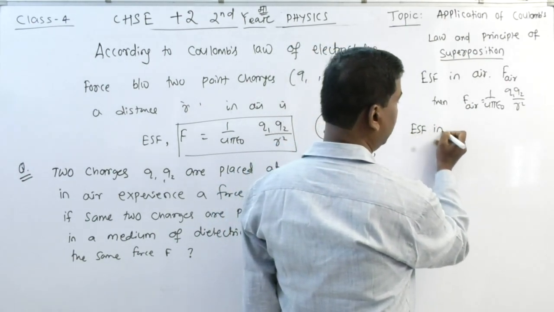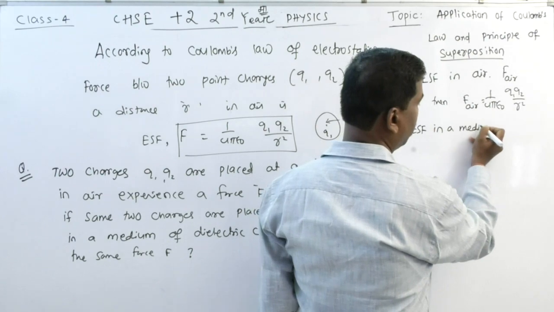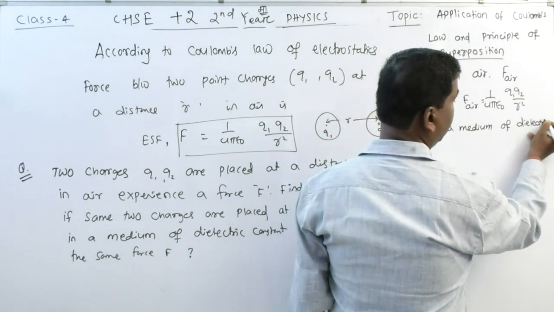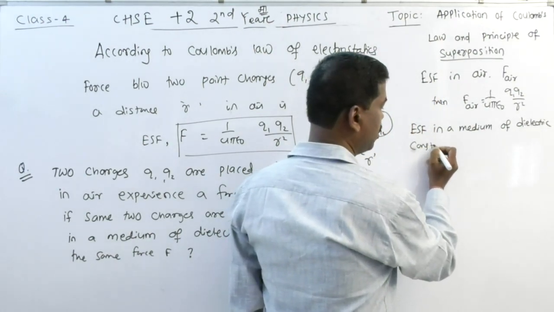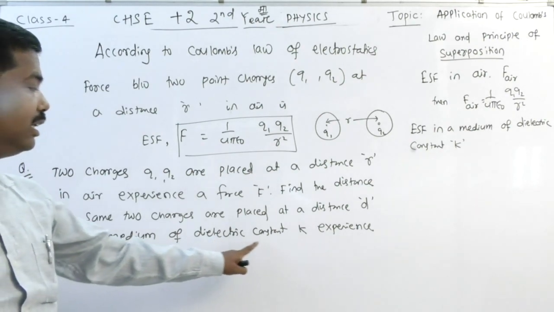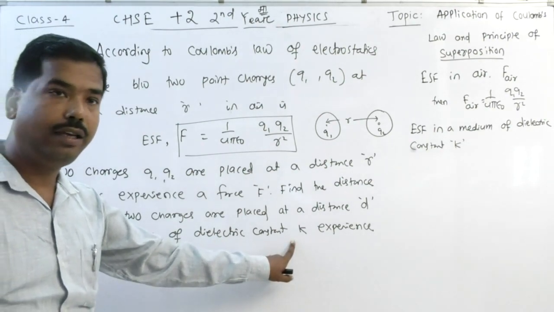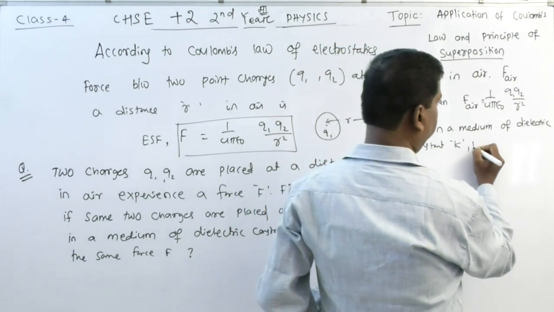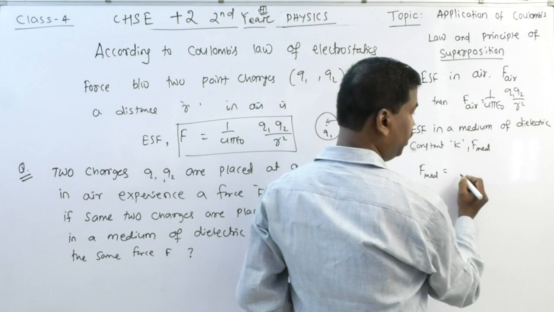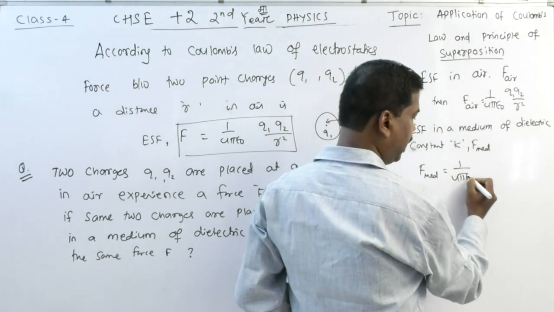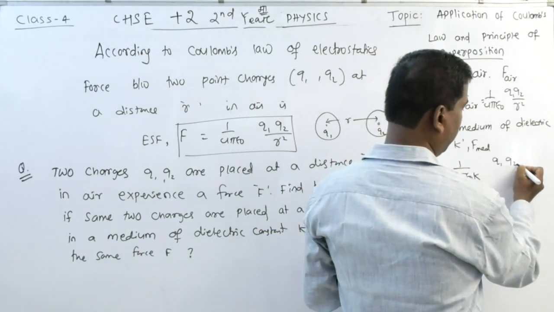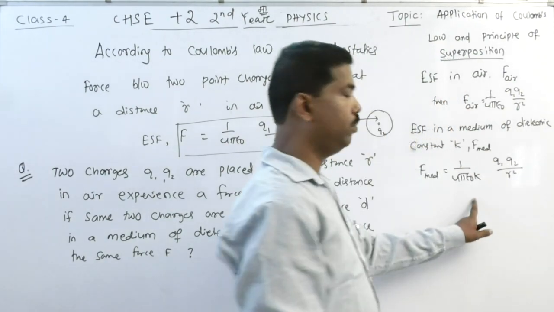Now, the electrostatic force in a medium of dielectric constant K. When I place the charges in a dielectric medium of constant K, the force is F medium. Then F medium is equal to 1 by 4 pi epsilon 0 K Q1 Q2 by r square.